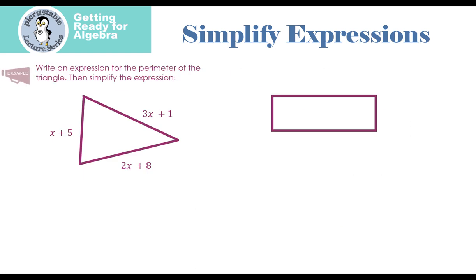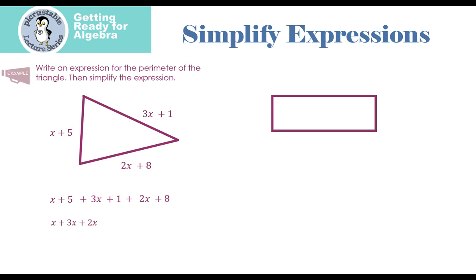Write an expression for the perimeter of the triangle, then simplify the expression. Hopefully you remember perimeter means we add all the sides up. So that's what we're going to do. We're going to take x plus 5 plus 3x plus 1 plus 2x plus 8. Let's put like terms next to each other.